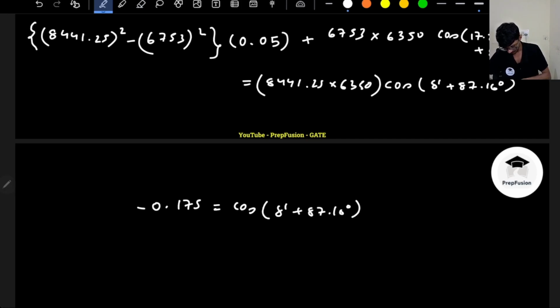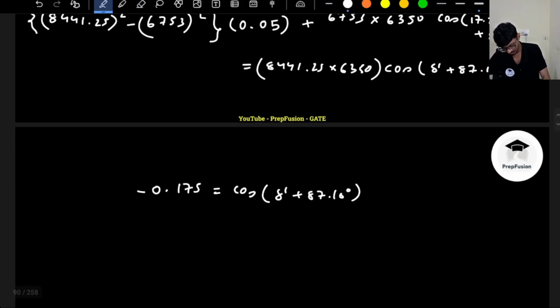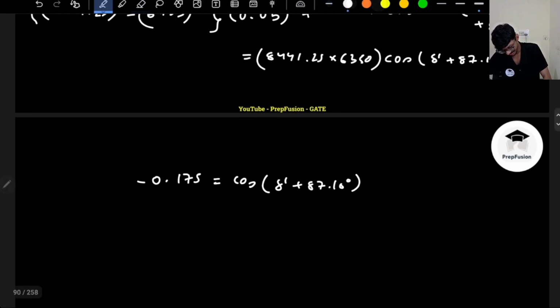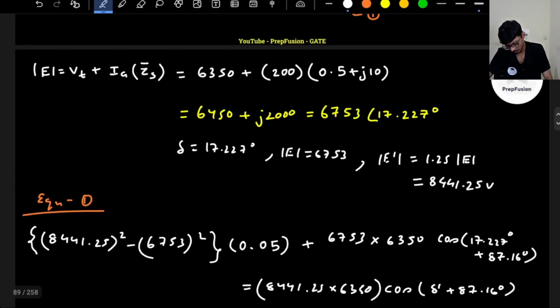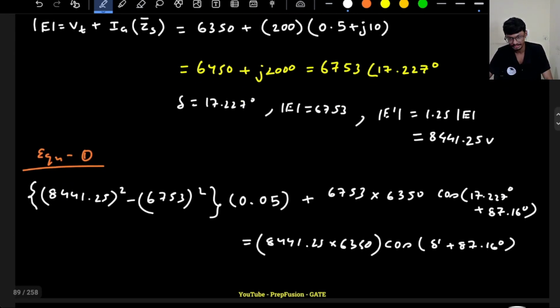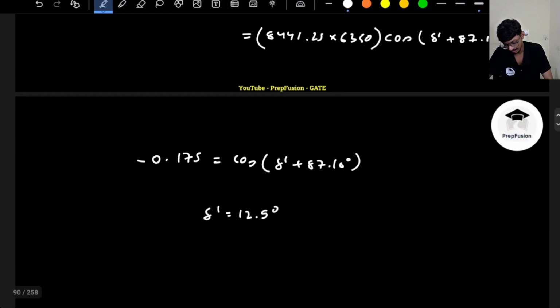So now if I do cos inverse and subtract 87.16, it comes out like delta dash is very very near to the previous one only, 12.9 degrees. Previously your delta was 17.72, now your delta dash is 12.9 degrees.